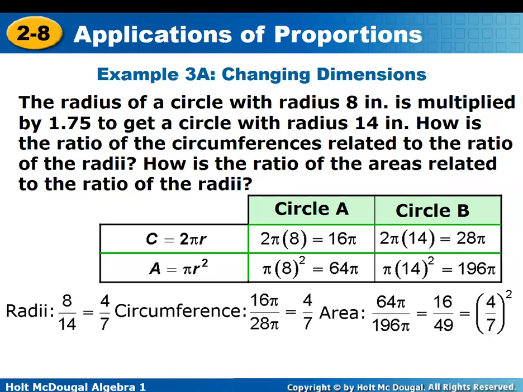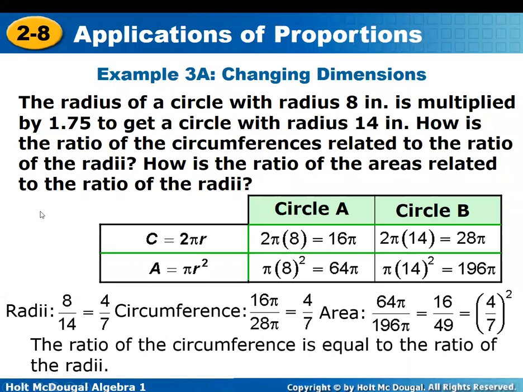If the ratio between two corresponding sides or two radii is 1/3, who can tell me the ratio between the two areas? It will be what?